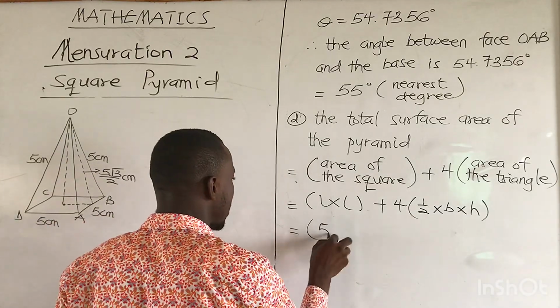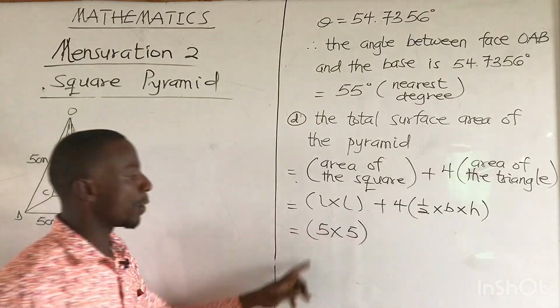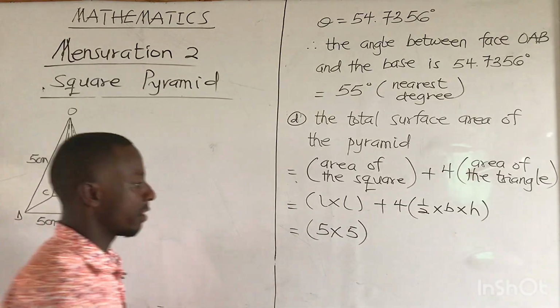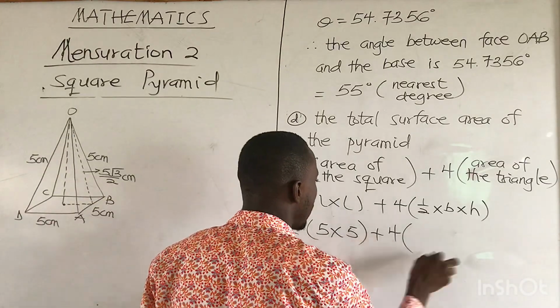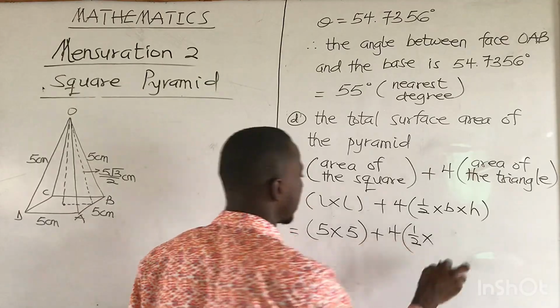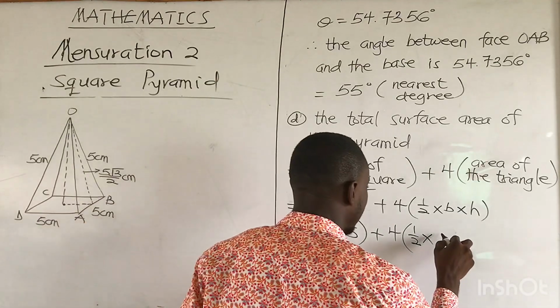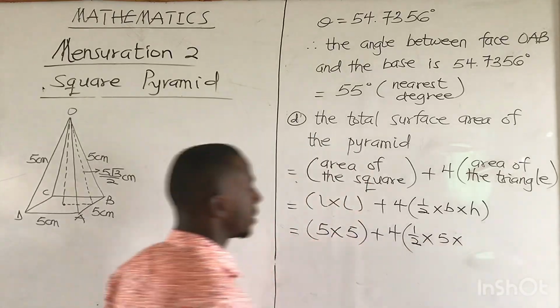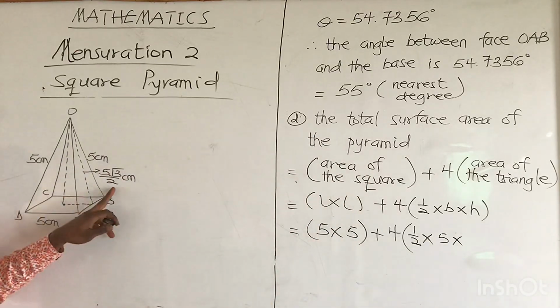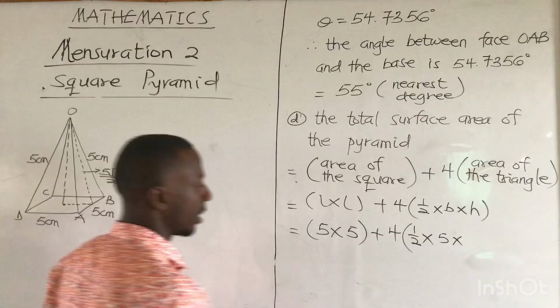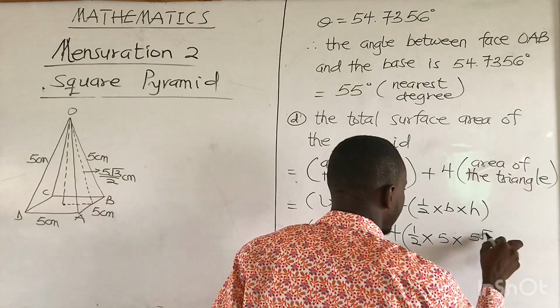So we have 5 times 5, because each length is 5, plus 4 multiplying half times the base of the triangle, which is 5, times the height. From here we have 5 root 3 over 2.